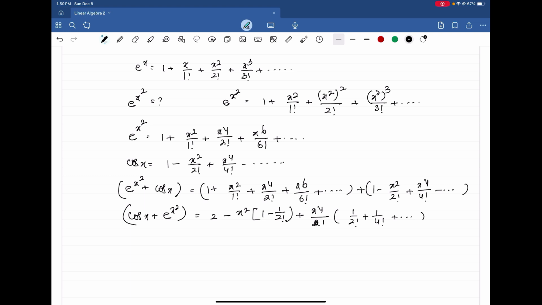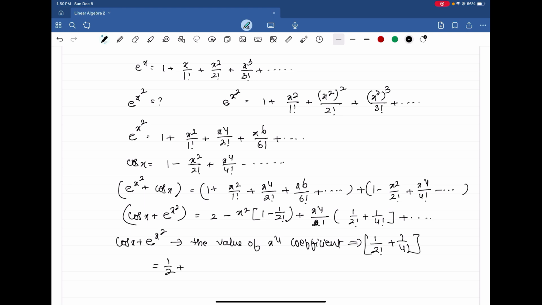Then if you want to find out, for example, the coefficient of x to the power of 4 in cos x plus e to the power of x square, the coefficient of x to the power of 4 is equal to 1 by factorial 2 plus 1 by factorial 4.